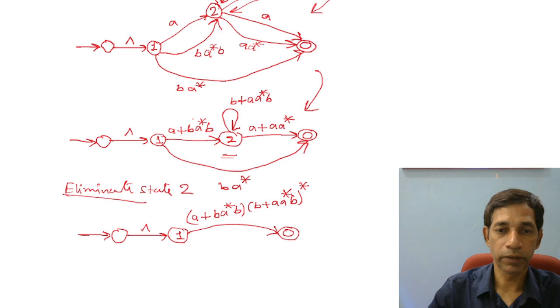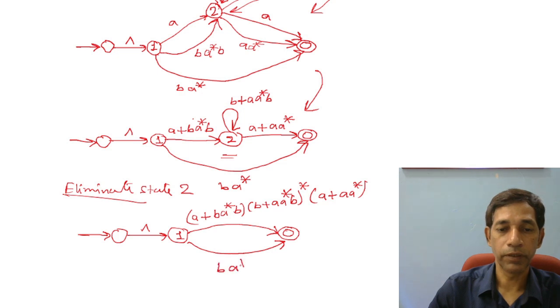Then you have to concatenate with this: A plus A clean star, A plus A clean star. And the other edge you have is the edge which has the label B A clean star.